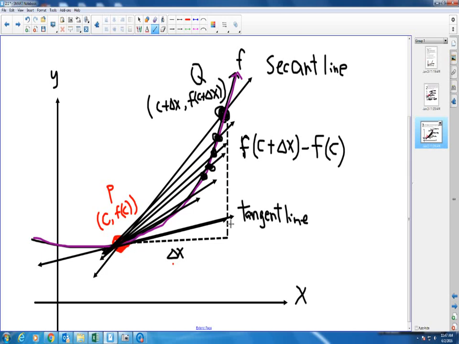As the tangent line. That's what I mean as point Q approaches point P. The slope of the tangent line that I originally drew will become the limit of all these secant lines as it approaches P.